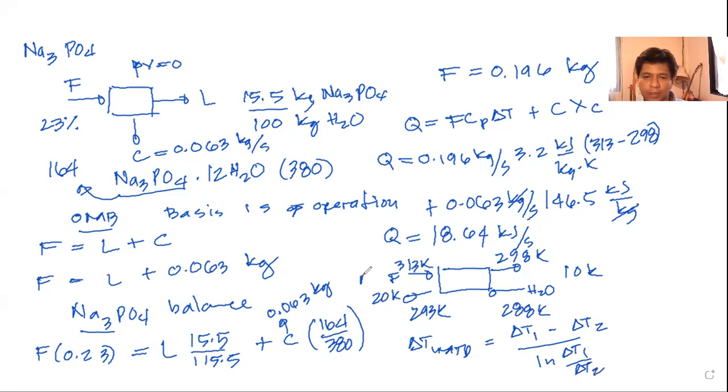This is delta T1, this is delta T2. Do you remember? Don't forget the previous lessons. Anyway, this is just 20 minus 10 divided by ln 20 over 10. When you calculate that, you're going to get something like 10 divided by ln of 2, which is 14.42. Yes, so delta T LMTD is 14.42.